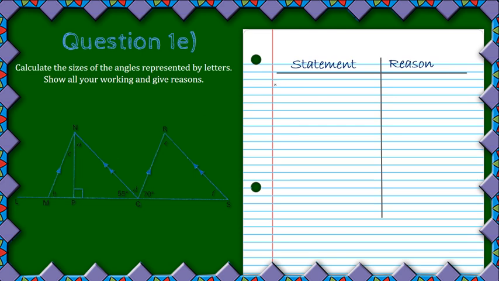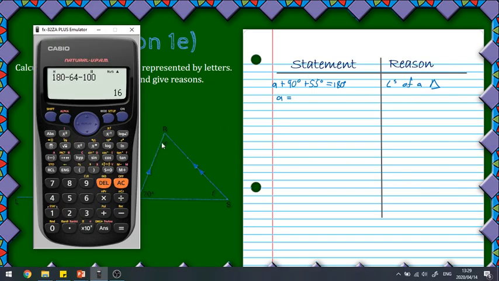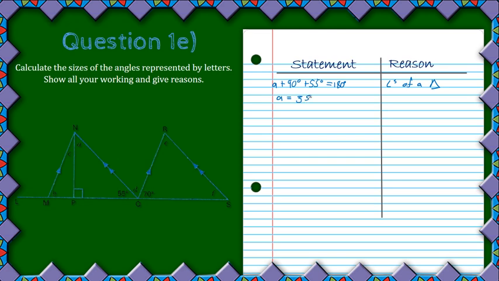So I'm going to say that A plus 90 degrees plus 55 degrees is equal to 180 degrees. So this is angles of a triangle. All right, and then solving for A, let's just do the whole thing. 180 minus 90 minus 55. So this is 35 degrees.